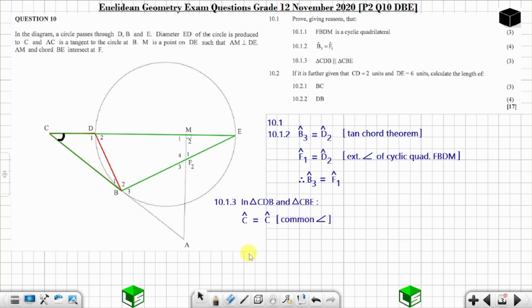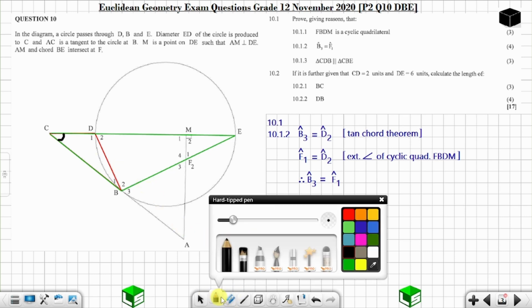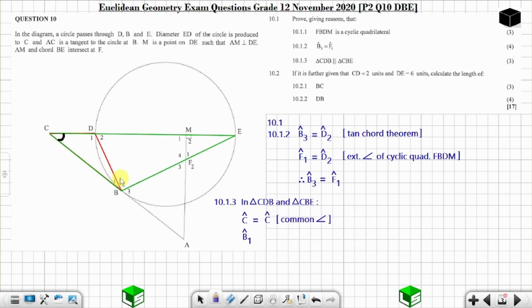You can also see angle B1 is equal to angle E, because of the tangent chord theorem.